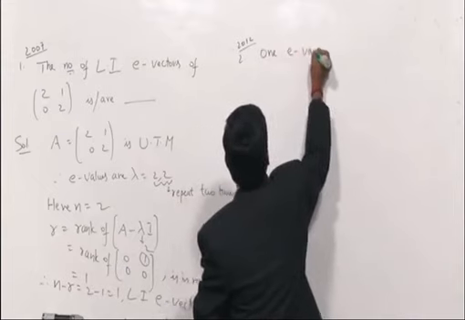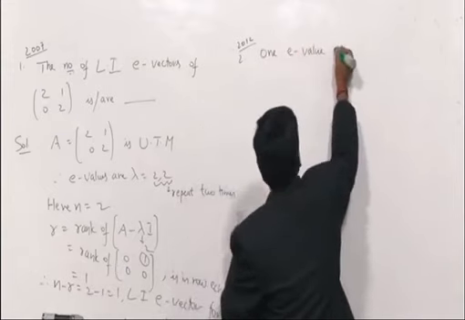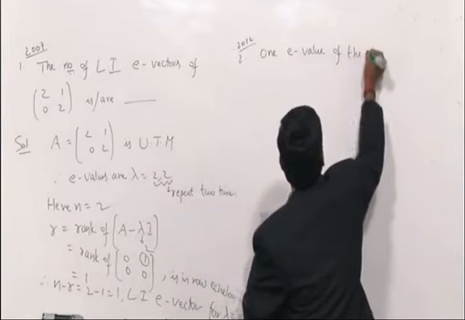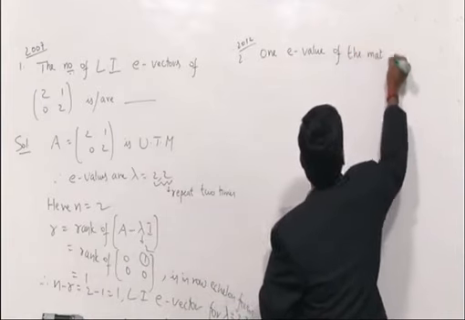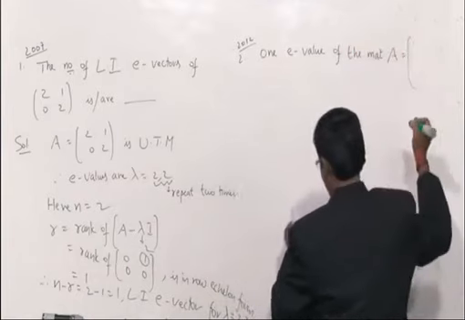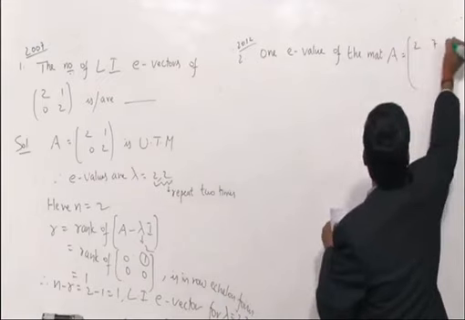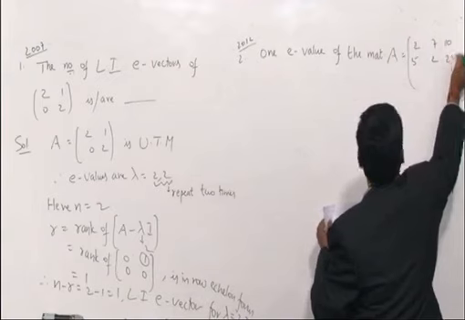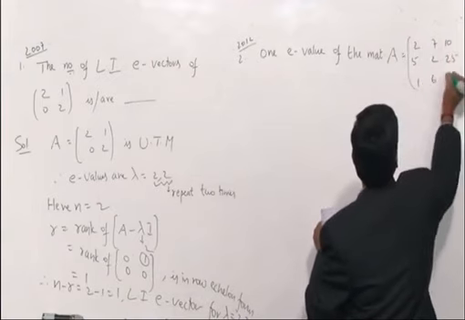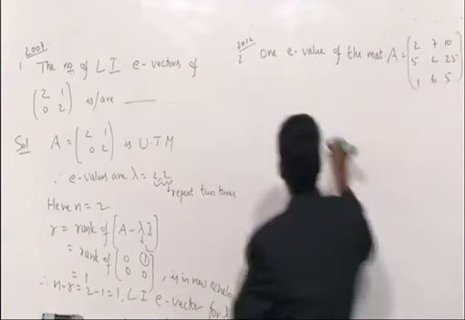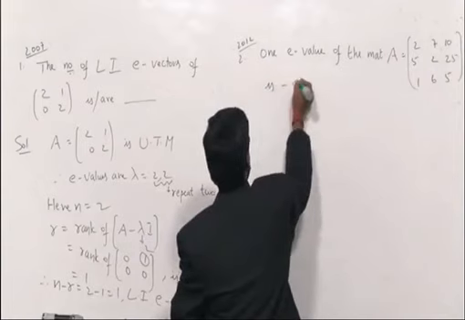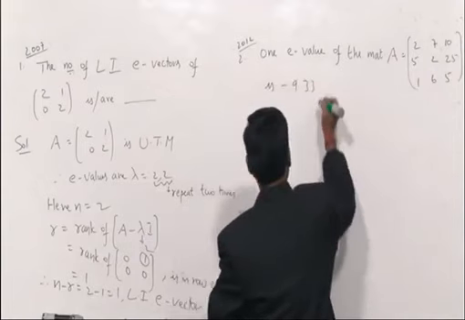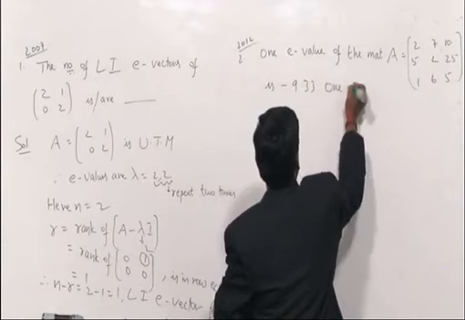One eigenvalue of the matrix A is equal to 2, 7, 10, 5, 2, 25, 1, 6, 5 is minus 9.33.